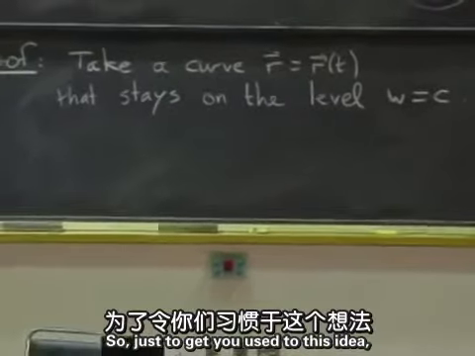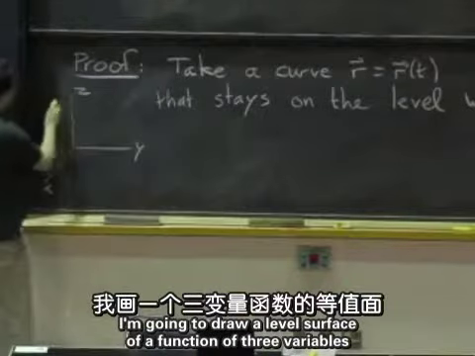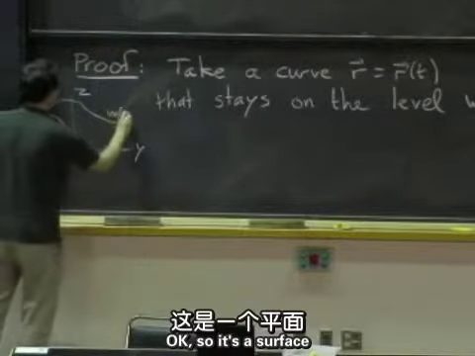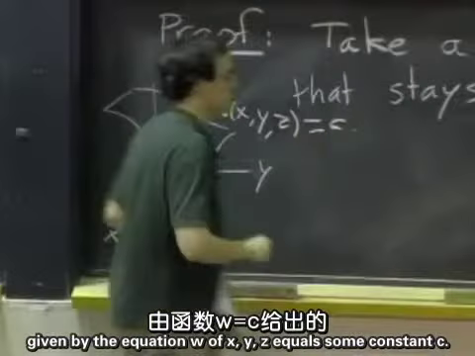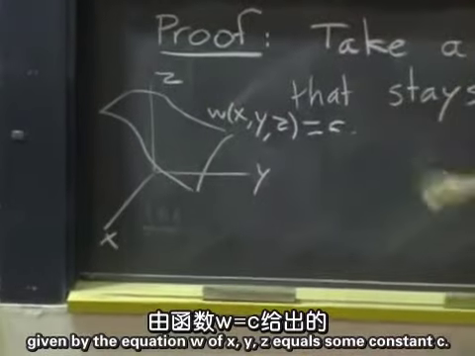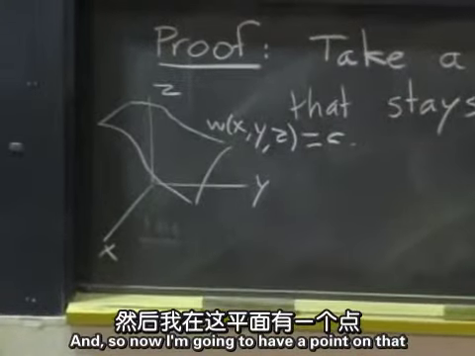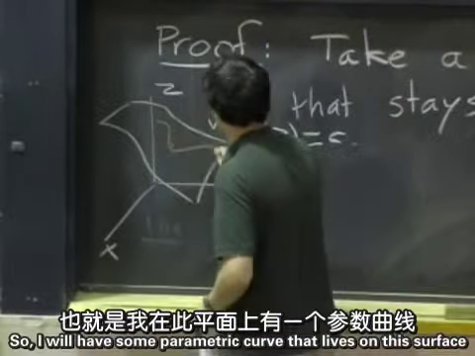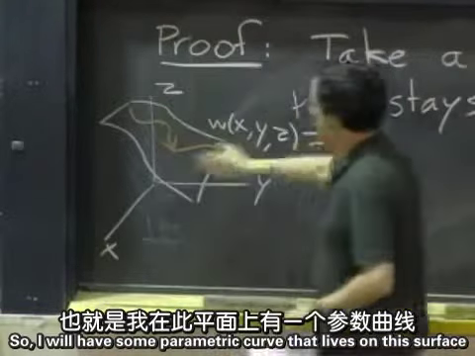So just to get you used to this idea, I'm going to draw a level surface of a function of three variables. Okay, so it's some surface given by the equation w of x, y, z equals some constant c. And so now I'm going to have a point on that, and it's going to move on that surface. So I will have some parametric curve that lives on this surface.